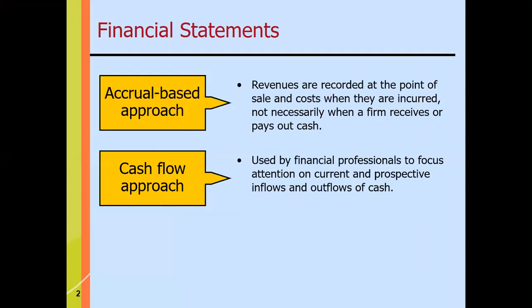We have two approaches actually, the accrual-based approach and the cash flow approach. Accrual-based is the accrual basis of accounting. This simply means that income and revenues are recognized or recorded when they are earned. When is income earned?